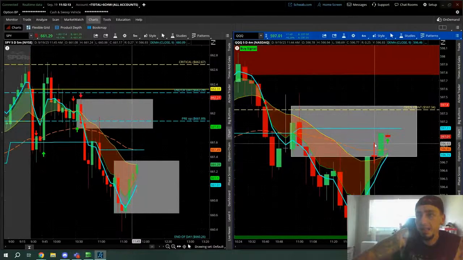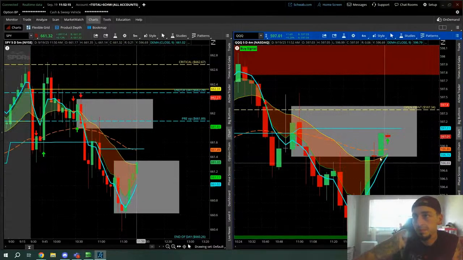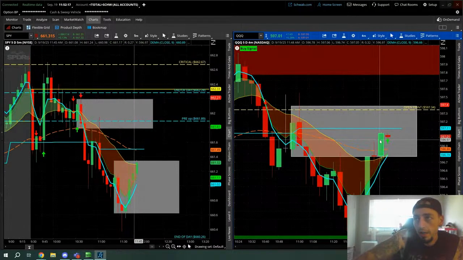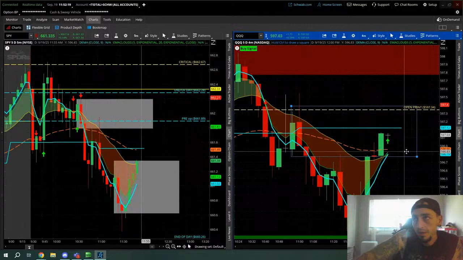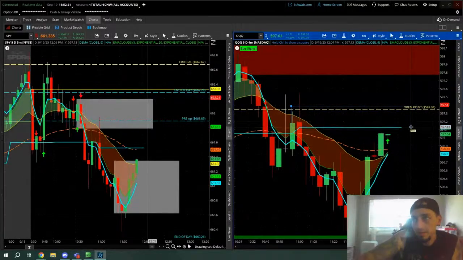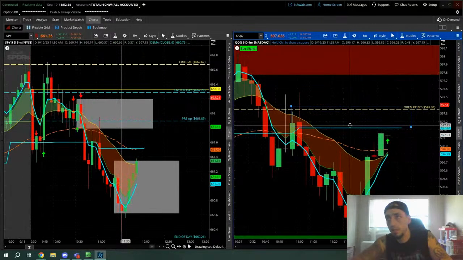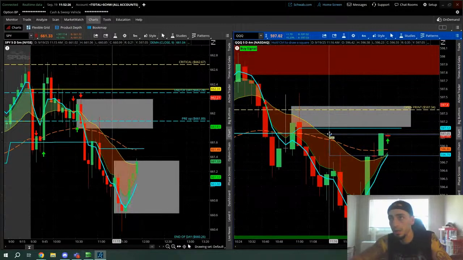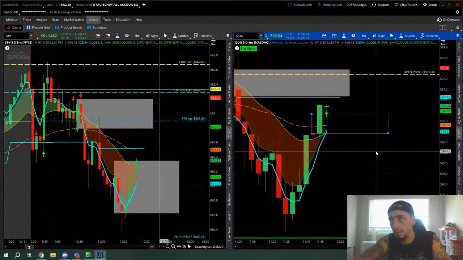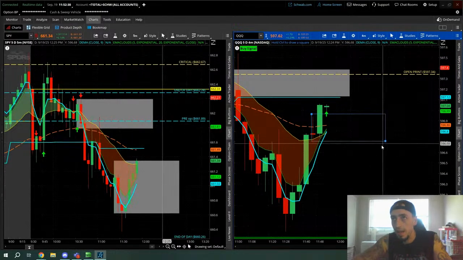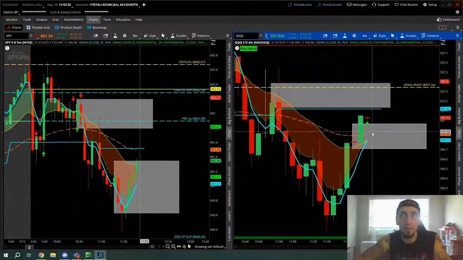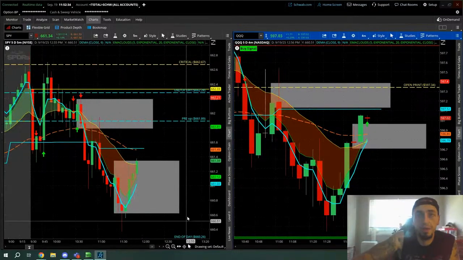Four-minute GBI. Let's see if she can hold. Red bar ignored. So what I'm going to do here, so I don't complicate this, I'll go like that. That way I could watch both. If we get weak selling here, we could definitely get a short play.